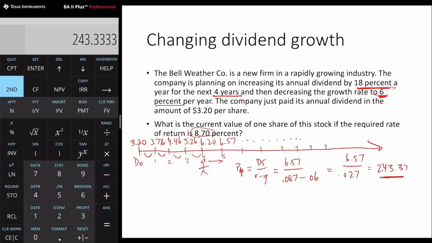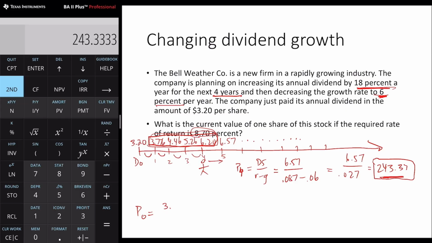This is just what the price will be at time 4. But notice that if we go from time 0 to time 4, we collect all of these dividends in the meantime. So ultimately the price today is the present value of these dividends plus the present value of this amount right here.